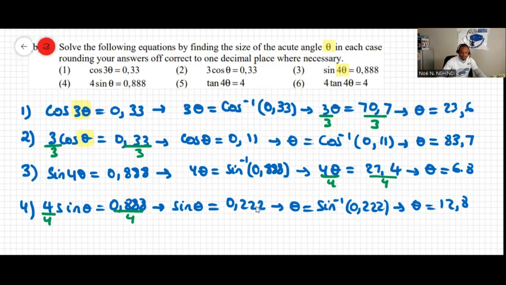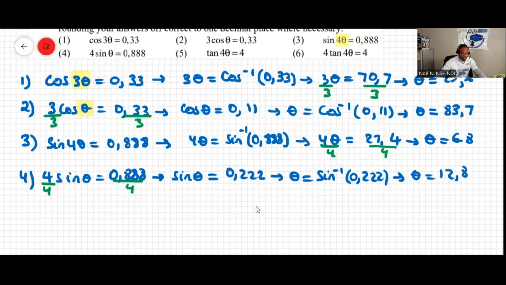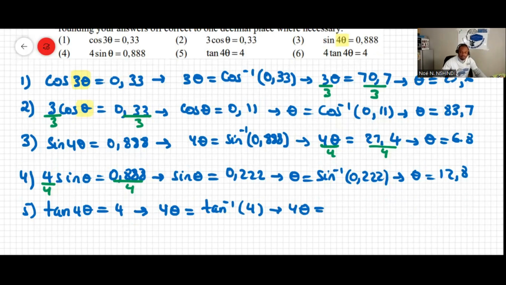Now, question 5. What do we have here? Tan 4 theta equals 4. The angle in this equation is 4 theta, so 4 theta will be tan minus 1 of 4.